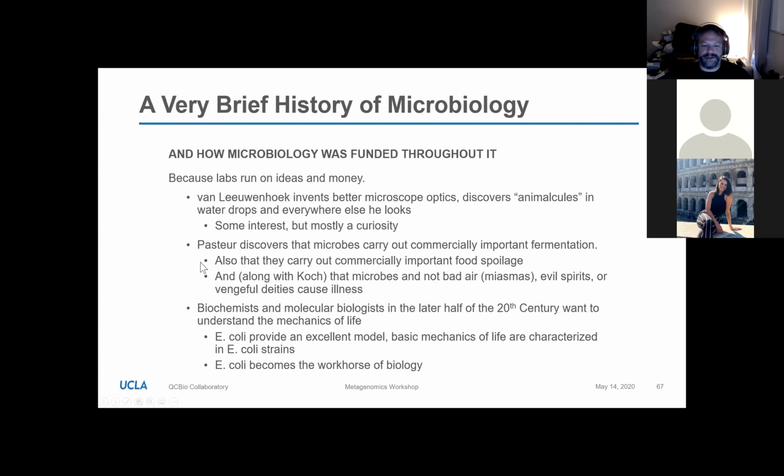He was commissioned by the wine industry, which was one of the biggest industries at the time in France. During this process, he was trying to figure out how wine ferments and also how wine spoils. And he figured out that wine fermentation is a microbial process. There's basically microbes that do the thing. He also figured out that wine and other food spoilage is also a microbial process.